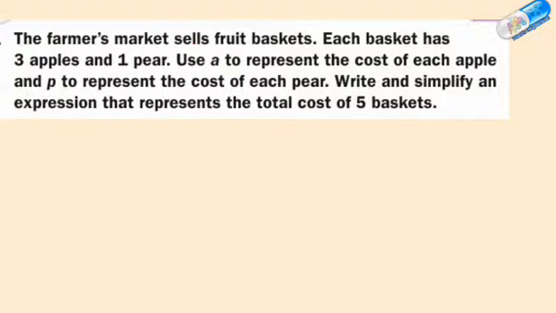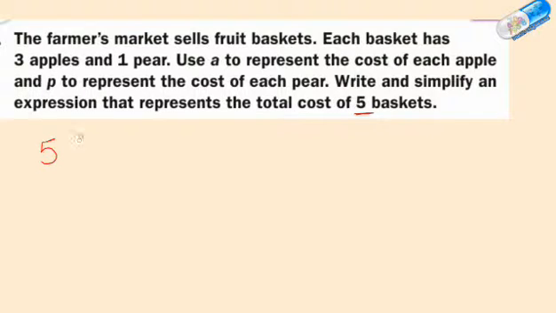Another example. The farmer's market sells fruit baskets. Each basket has 3 apples and 1 pear. Use A to represent the cost of each apple and P to represent the cost of each pear. Write and simplify an expression that represents the total cost of 5 baskets. Now I'm going to buy 5 baskets and I want the total cost of it.